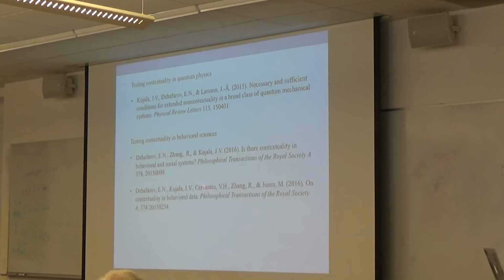All these studies are limited to cyclic systems of rank 4 or smaller. So in this talk, I'm going to report testing contextuality in empirical cyclic systems of higher order, which are 4, 6, and 8. I will discuss the rank 4 system first.